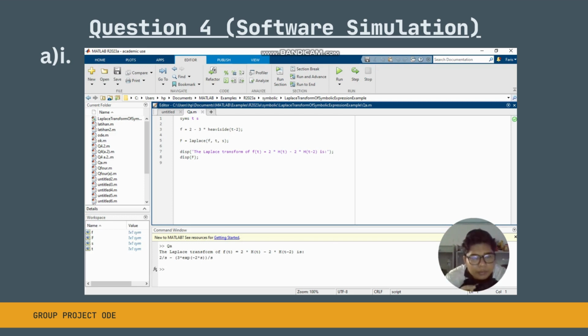For the MATLAB code, syms t and s, f equals 2 minus 3 heaviside(t minus 2), and F equals laplace of the function f, t, and s. After that, we run the code to get the answer, which is 2 over s minus 3 e to the power of negative 2s over s.